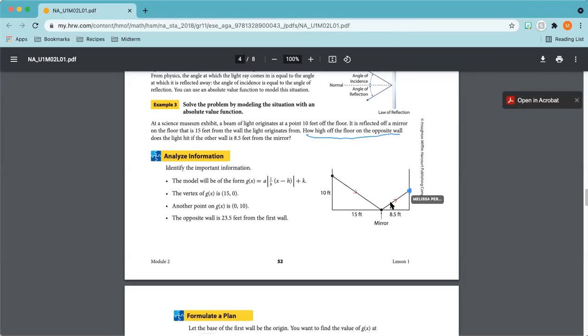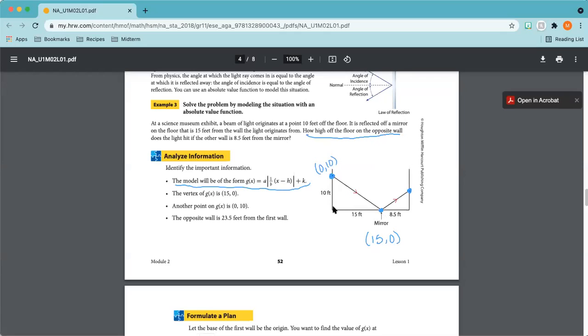Which we can't know without the formula. So the model will be of the form right there. That's our whole thing we've just been talking about. The vertex, they tell me, this point right here is at (15, 0). Another point is (0, 10). We see why those points are the ones that they are, right?